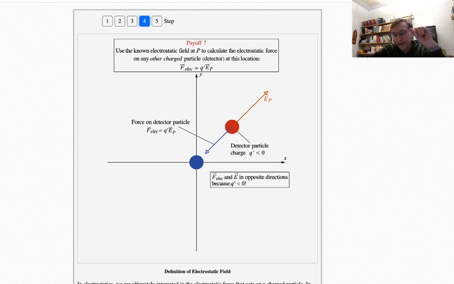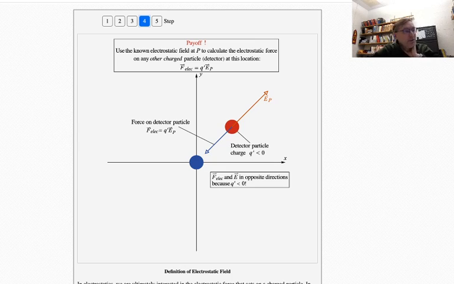We can now calculate the electrostatic force on the pet particle, the detector particle, using F electric, using the concept of electrostatic field as force per unit charge. So take the electrostatic field at point P and multiply it by the amount of your pet particle's charge. I called it Q prime because I don't want to confuse it with the source charge Q. And F electric is Q prime times E_P.